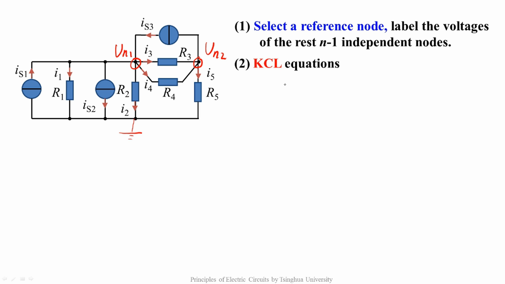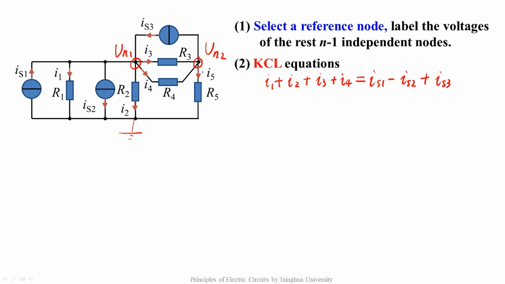So for node 1, we have I1 plus I2 plus I3 plus I4 equal to the sum of all the current sources flowing into the node on the right, which should be IS1 minus IS2 plus IS3.